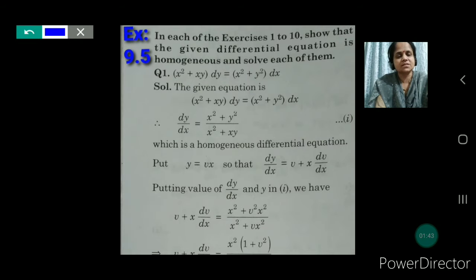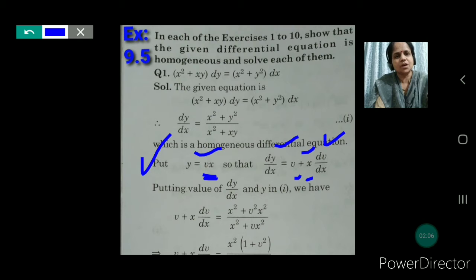Now solve this type of equation. So first put y is equal to vx and now differentiate this. You will get dy upon dx is equal to, here apply the product rule. Okay, so first we write as it is, derivative of x is 1, then put plus sign, x as it is, now derivative of v, it is dv by dx.